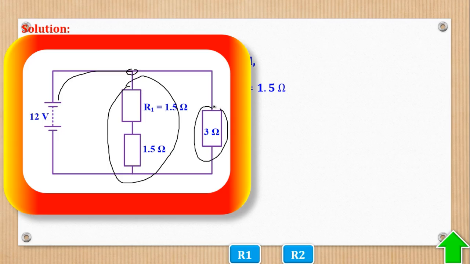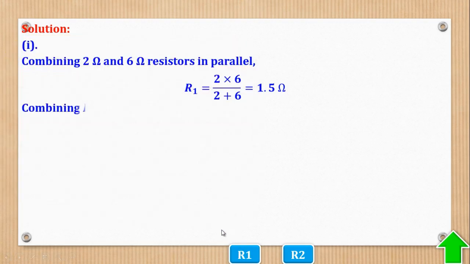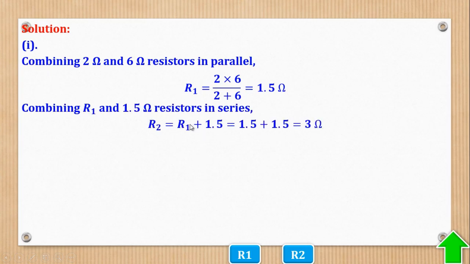So for you to simplify your work, you must first combine these two resistors which are in series. So combining R1 and 1.5 ohm resistors in series, I'll have to sum. For the resistors in series, you sum the individual resistances to give you 3 ohm.